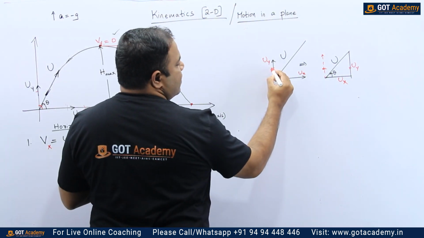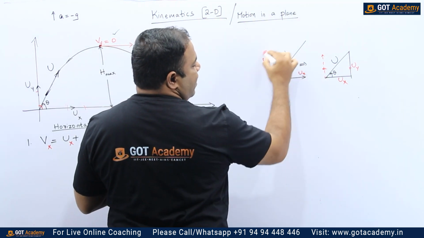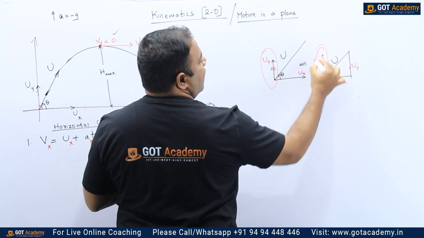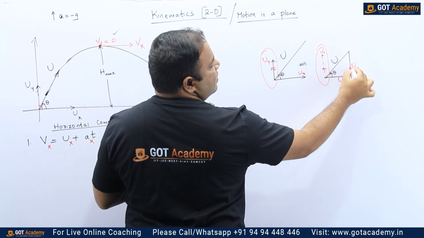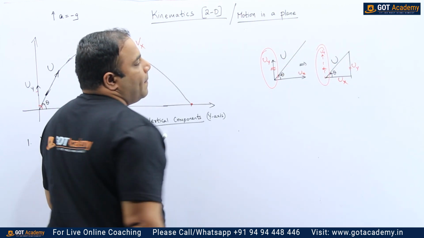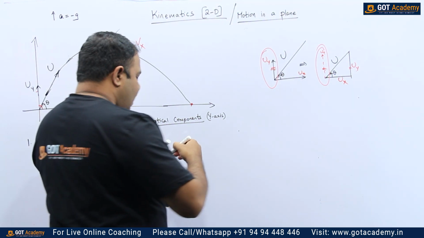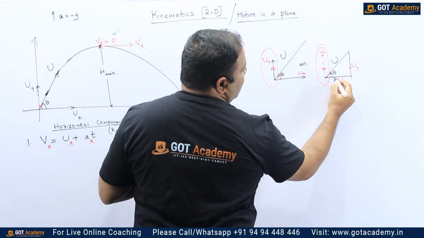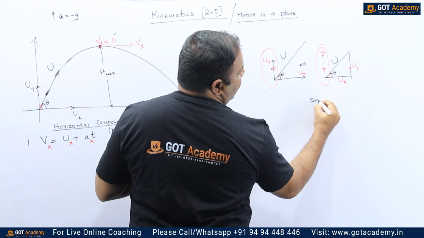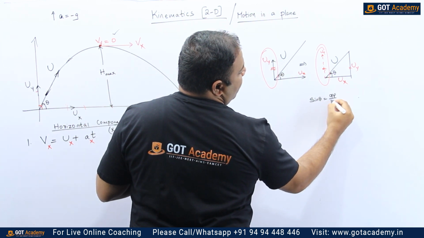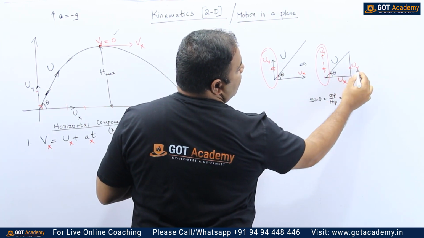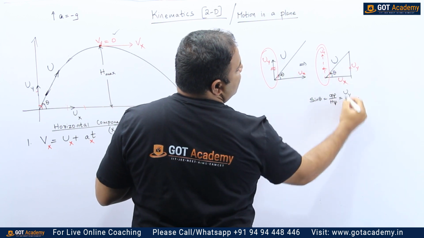Okay. So this is parallel to whatever it was there here. The same thing I have drawn here. Since this is parallel to this is uy, this also will become uy. Understood? So here I'll take cos theta and sin theta. So here sin theta is equal to opposite by hypotenuse. The opposite one is uy, hypotenuse is u.